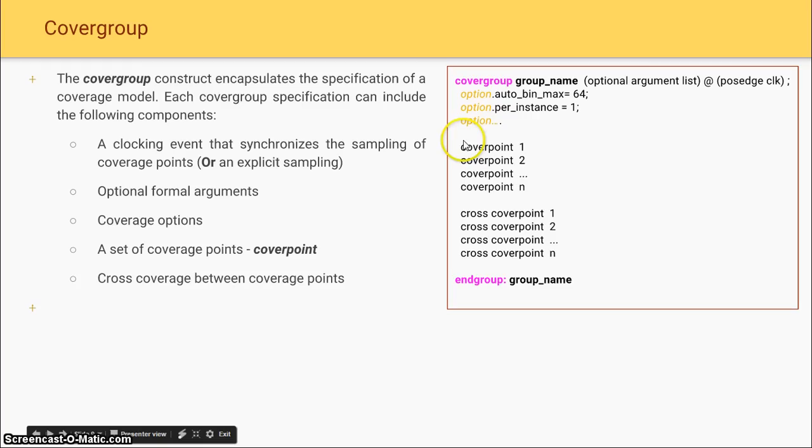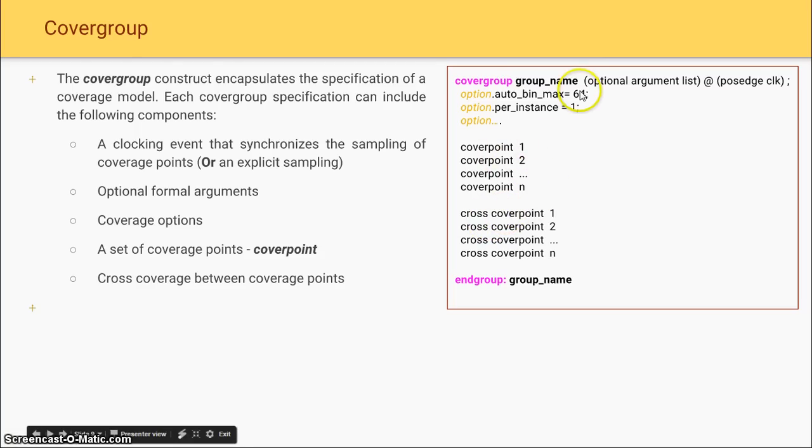And these are the core implementation part of the covergroup, which are the cover points. So you will be listing a large number of cover points in every covergroup depending on the sampling location and sampling value. And again you can define cross coverage points from these cover points in the same covergroup.